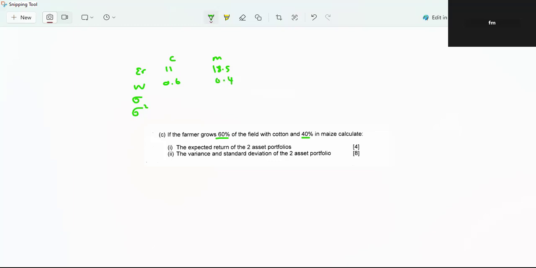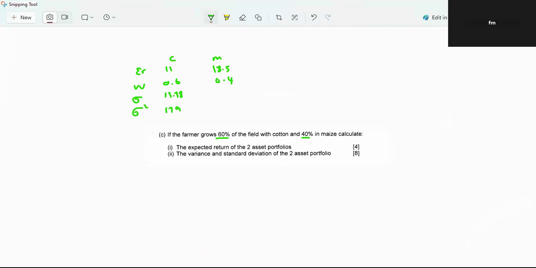Then the standard deviation we just calculated for cotton was 13.38, whereas the variance was 179. 13.38, you put it here, and 179 was our variance.